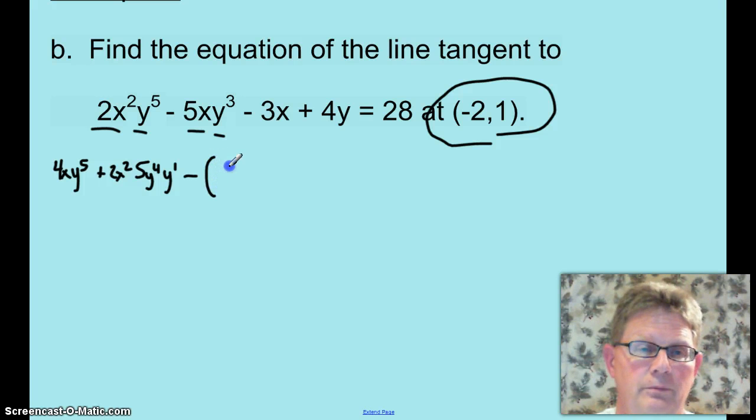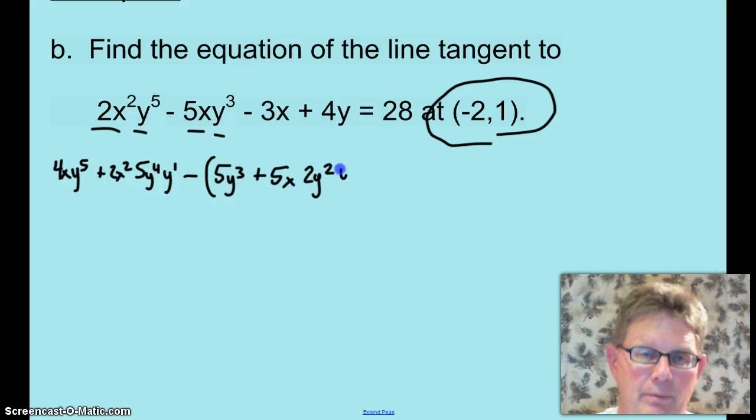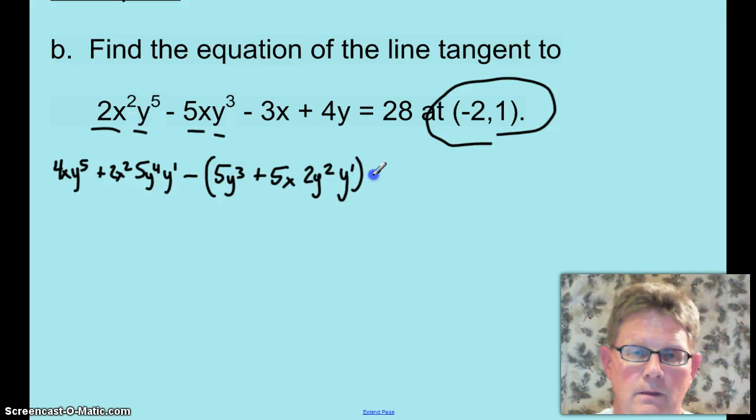Put this product rule in parentheses. 5y cubed plus 5x times 2y squared y prime, minus 3 plus 4y prime equals 0.